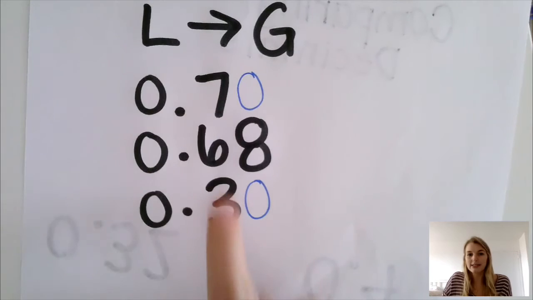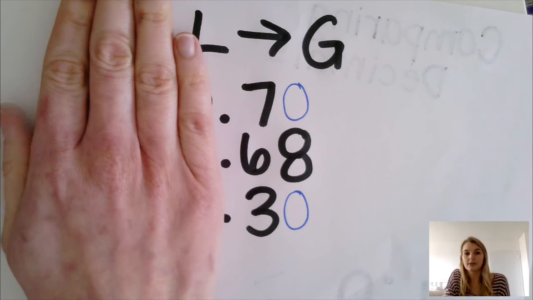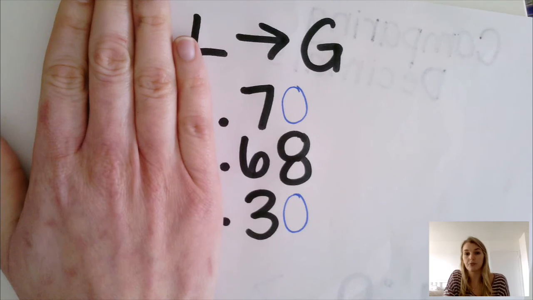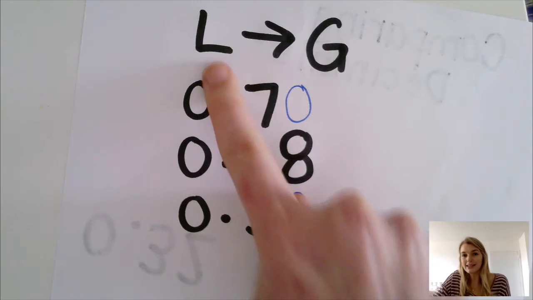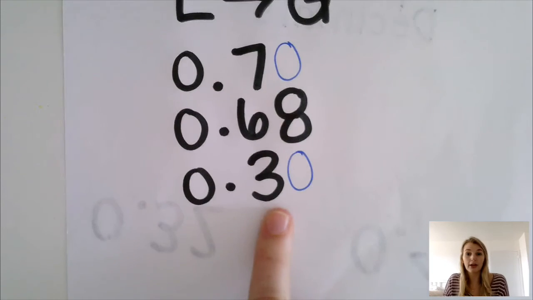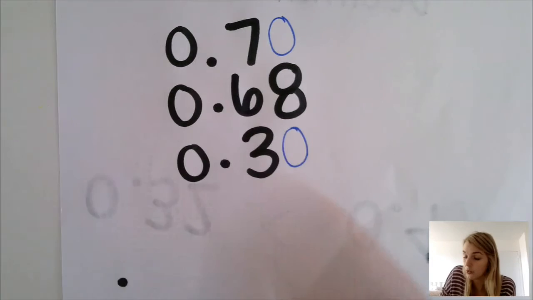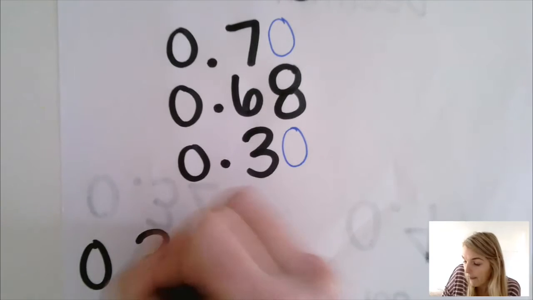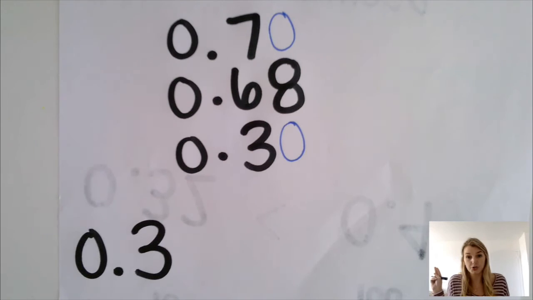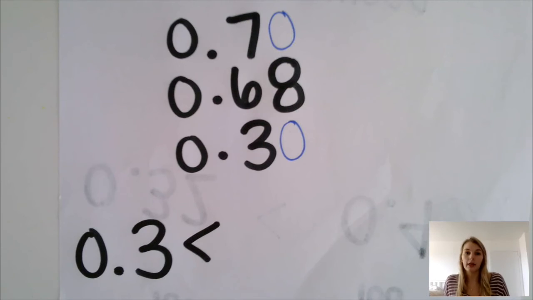So now I have my decimals all lined up. I can now just look at these numbers: 70 hundredths, 68 hundredths, 30 hundredths. If we're going from least to greatest, we know that 3, or 30, is the smallest number. So our smallest number would be 3 tenths, or 30 hundredths. Now let's see what's next.